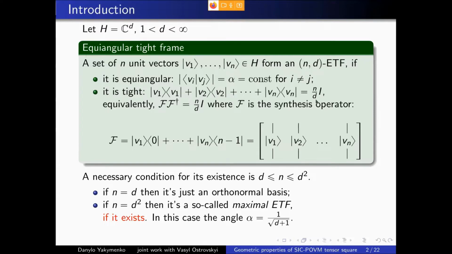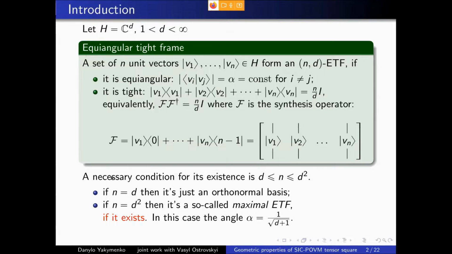So the sum of projectors is a scalar operator, or equivalently we can write that this so-called frame operator is a scalar matrix. And this F is what is called the frame synthesis operator, where we just put those vectors as column vectors in this matrix.